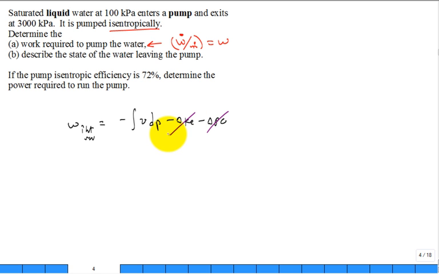It's the integral VdP. Hey, V is not changing. It's nearly incompressible. It's a liquid, water, liquid going through. It's just going to be minus V times P2 minus P1. True or false? And now you say w int rev, you'll see that, oh, that's where I'm going to have a negative sign. It's not work out of the pump, it's work into the pump.